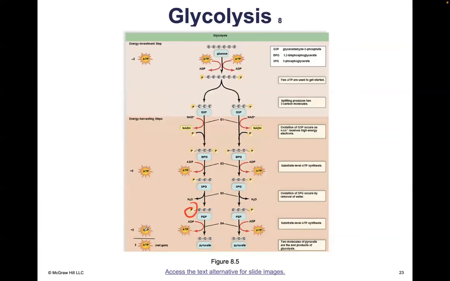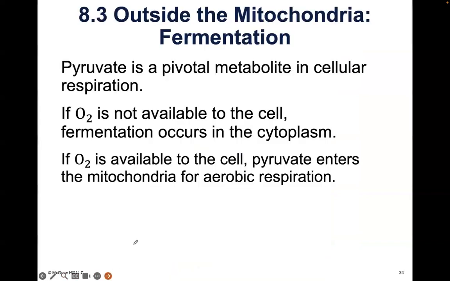Once it's been used to produce a second ATP, then we have the pyruvate without any phosphate molecule connecting to it. So within this process of energy harvesting, we've got 4 ATPs produced, minus the 2 ATP used here. That gives us a net gain of 2 ATP in all the processes of glycolysis to produce 2 pyruvate. So this is 2 molecules of pyruvate, the end product of glycolysis. Okay, now let's move on to the next stage.